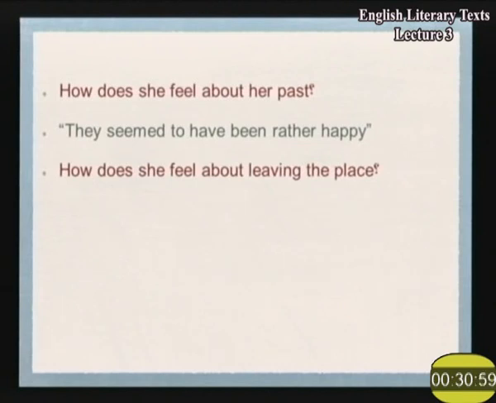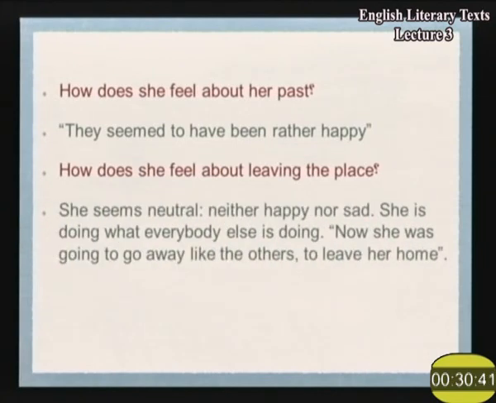And how does she feel about leaving the place? Is she happy now that she's leaving? We have some clues, but in fact, these two questions are to be answered throughout the story. How does she feel about leaving the place? She seems neutral, neither happy nor sad. She is doing what everybody else is doing.